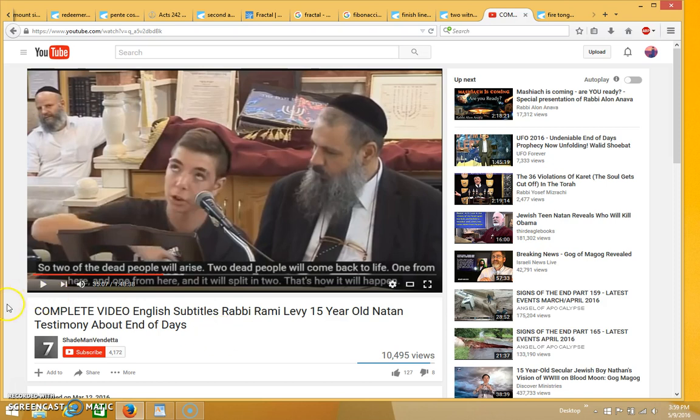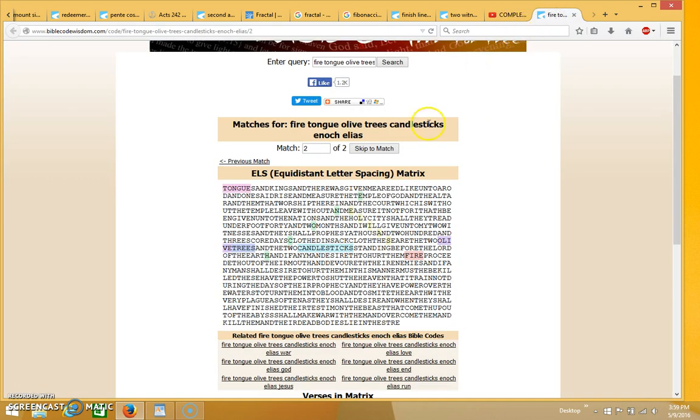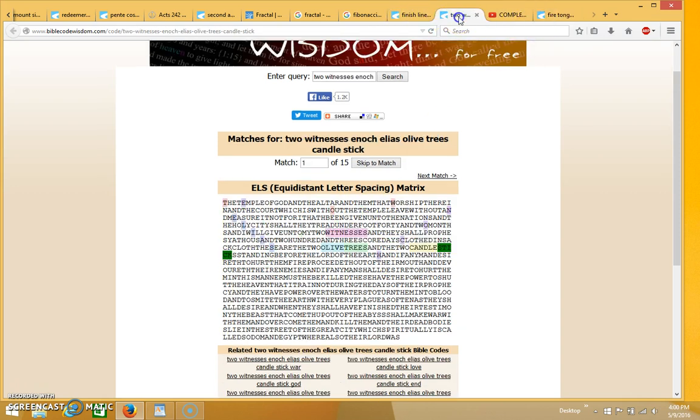So as you can see, Natan saw, let me get back to the table. He saw two people rise from their graves when the mountain split in two, and one will come out this way and the other one will come out that way once the mountain splits. So this matches the imagery.